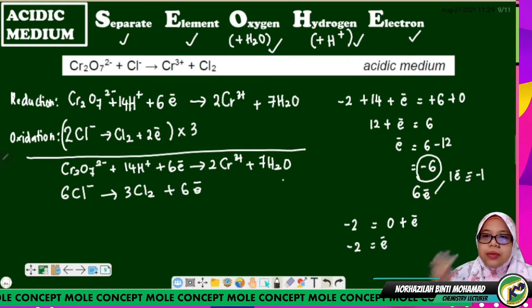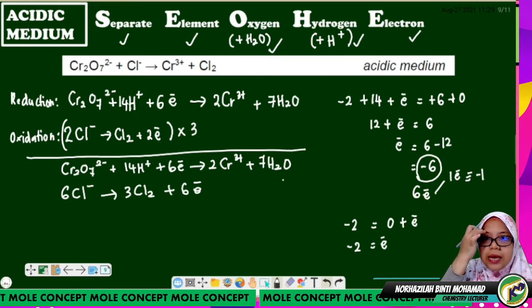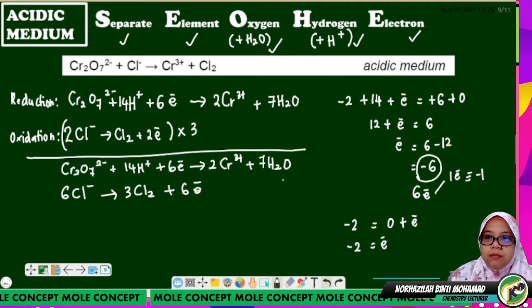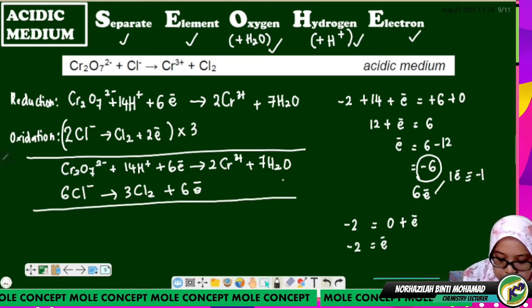Okay, and then we will cancel any species that appear on both the reactant and product sides. But before that we combine it first.